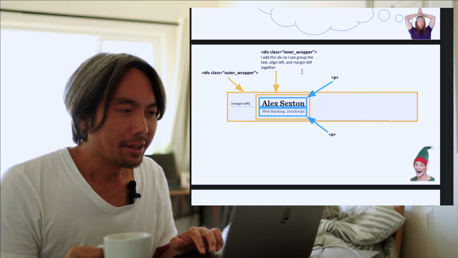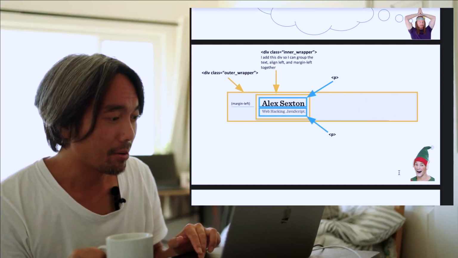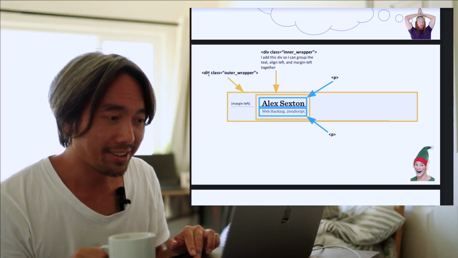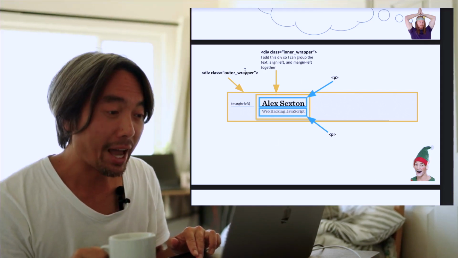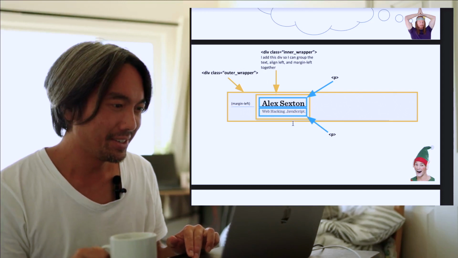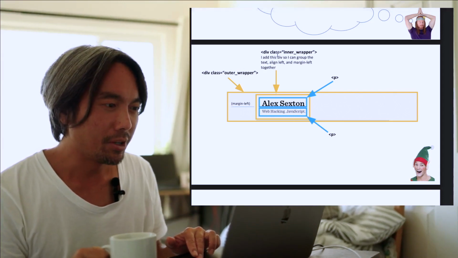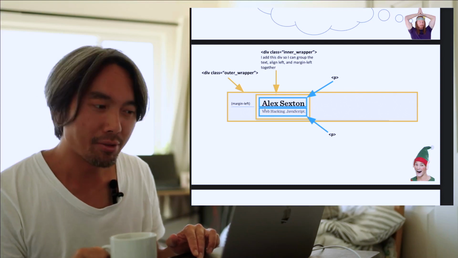All right, so now the elf. This is how he coded it. He put a div outer wrapper. And then inside of that, he did a div with a class inner wrapper.